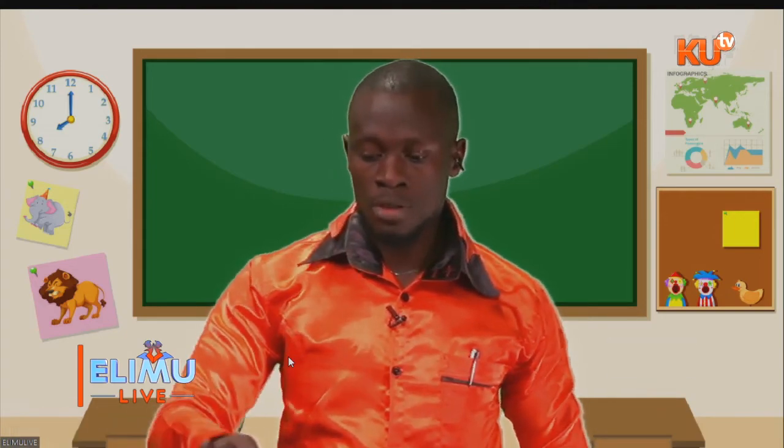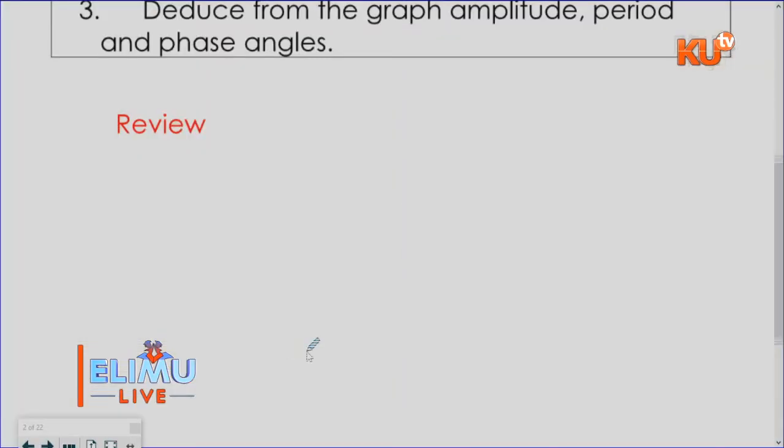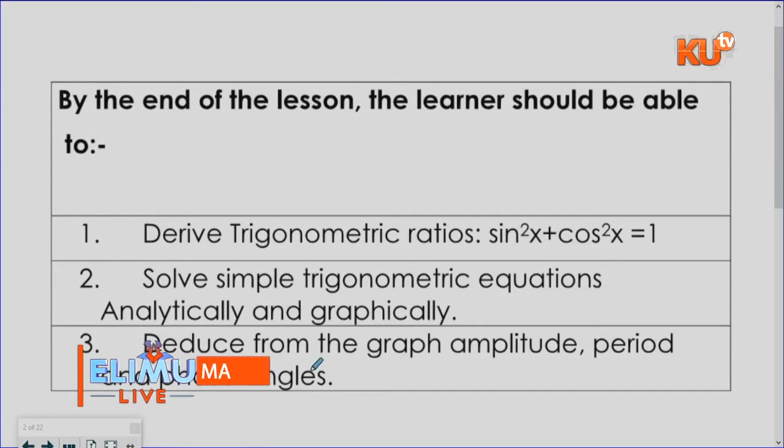By the end of this lesson, the learner should be able to, one, these are the objectives of this lesson, derive the trigonometric ratio sine squared x plus cos squared x equal to 1.